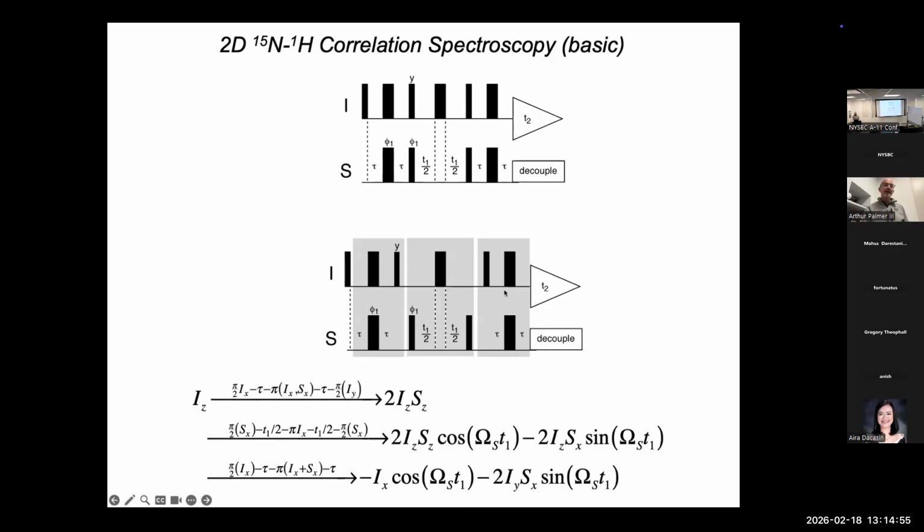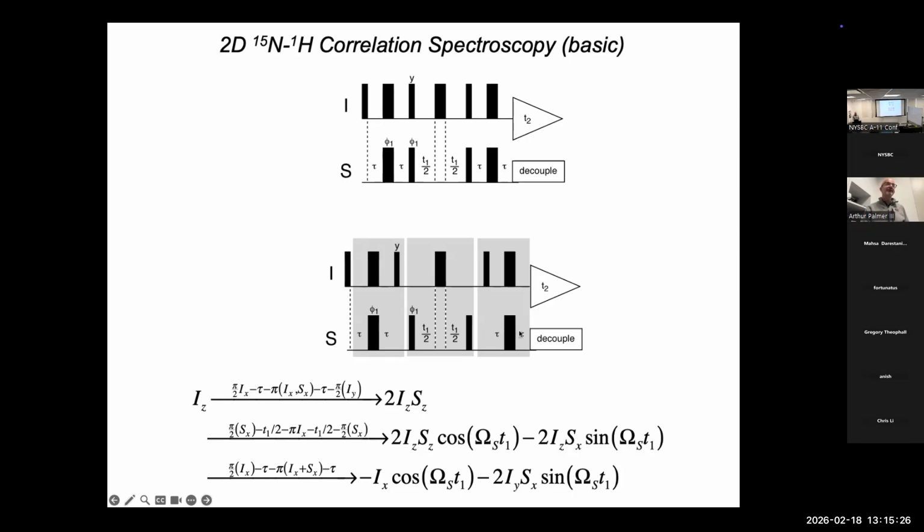We have the 180 on both spins. The J coupling will evolve because we're going to invert IZ to minus IZ and SZ to minus SZ, and the Hamiltonian is pi J 2IZSZ. So the pair of 180s leaves the scalar coupling alone, and we'll get evolution.